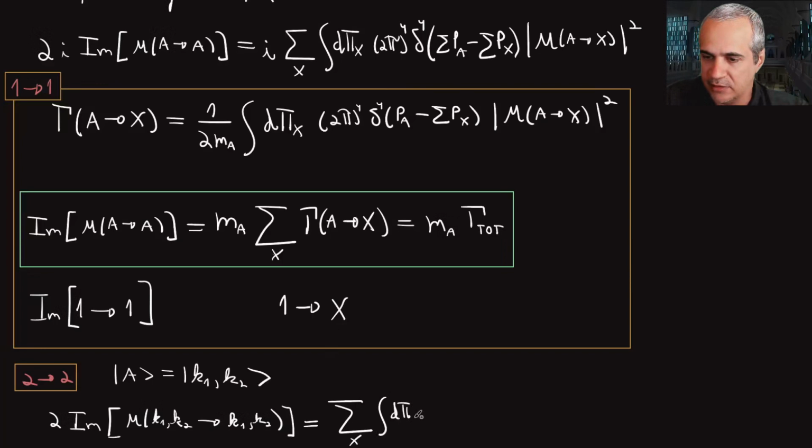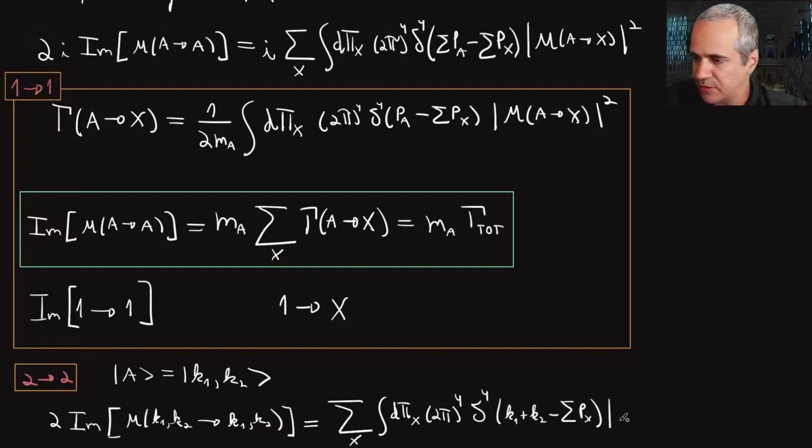This is the phase space for X, (2π)^4 δ^4 of K1 plus K2, which are these two momenta here, minus the sum of p of these X states, times the matrix element from K1, K2 to X, modulus squared.